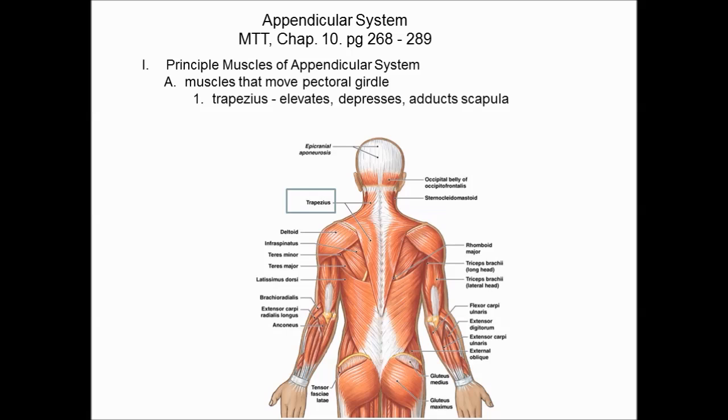It elevates the pectoral girdle, that's the scapula and the clavicle, and depresses and adducts. Adducts means it brings it in. That can be pictured. But what about elevates and depresses? How can one muscle do two opposite things? Well, part of the story is it depends on the action, what other muscles are being contracted at the same time.